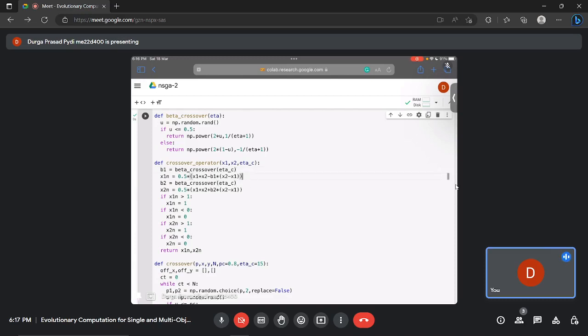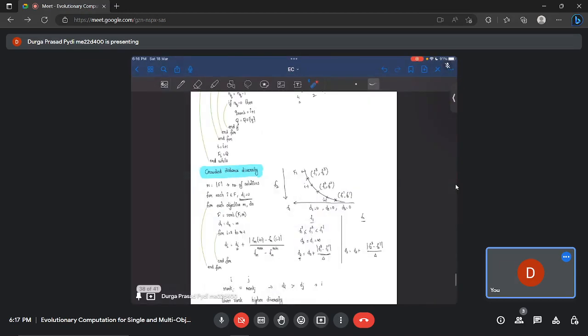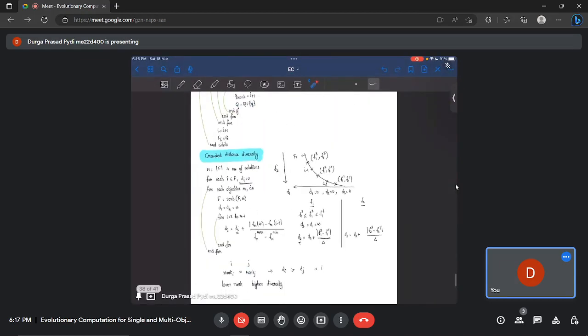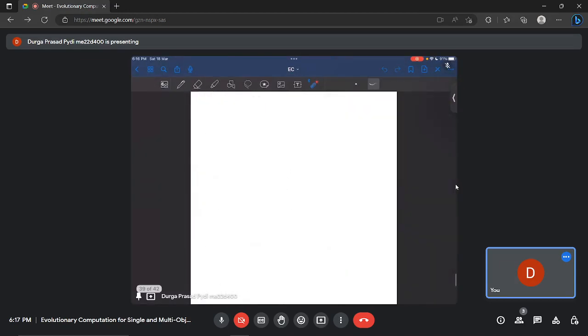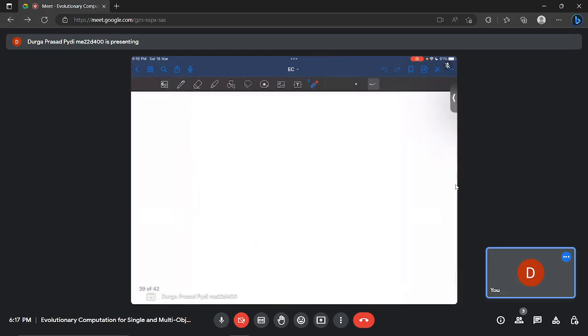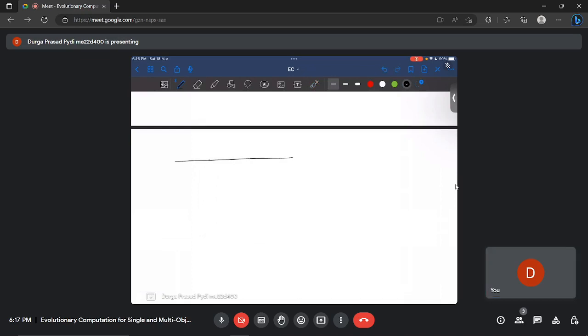But if you recollect, we have seen that if you have two individuals, your solutions lie within some limits, xl and xu, the lower and upper limits.